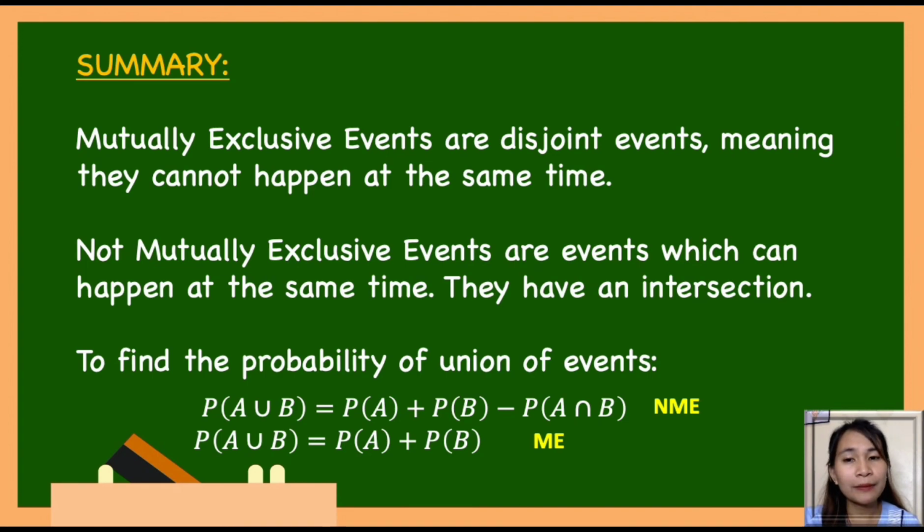To find the probability of the union of not mutually exclusive events, the probability of A union B equals the probability of A plus the probability of B minus the intersection of A and B. For mutually exclusive events, you just add the probability of A plus the probability of B. You no longer subtract the intersection because obviously their intersection is 0 since they are disjoint.